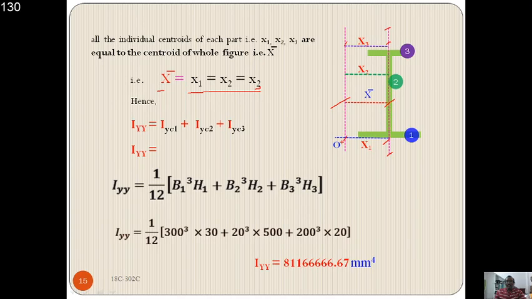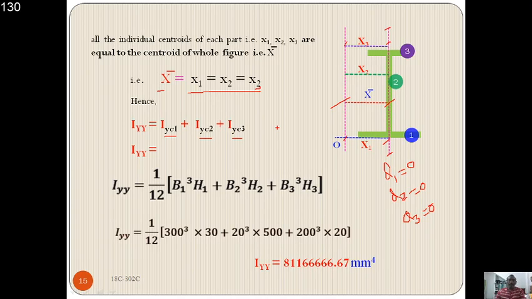Hence your d will become 0 for all the equations, because x bar is equal to x1 and x3 is also equal to x bar. Hence your A d square term vanishes. So only your centroidal moment of inertia is left.